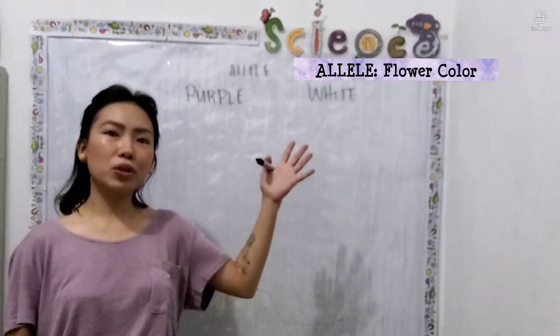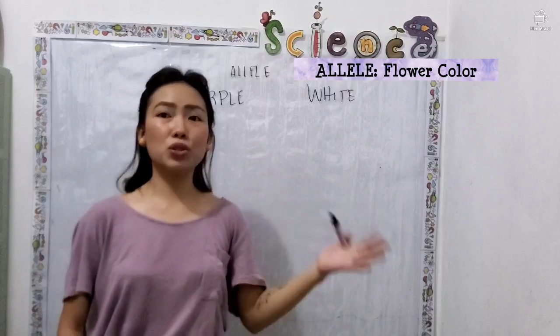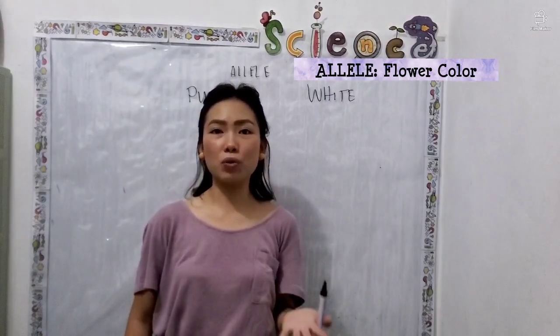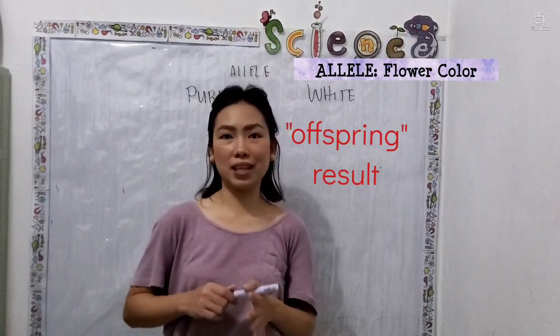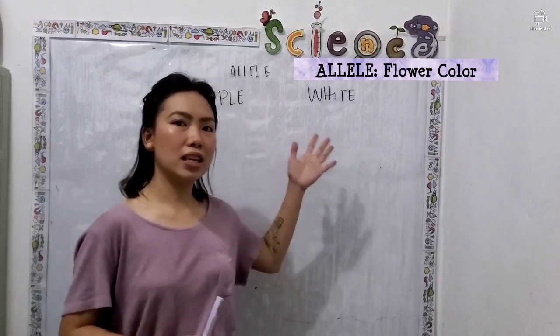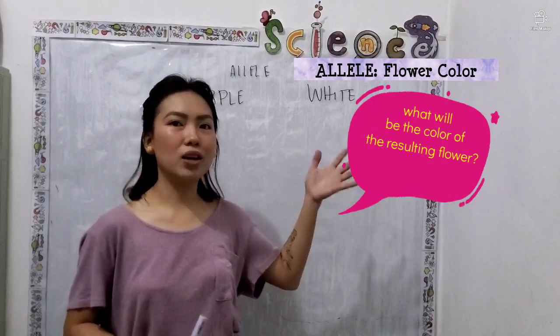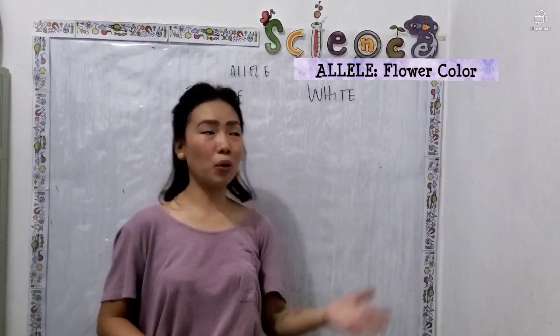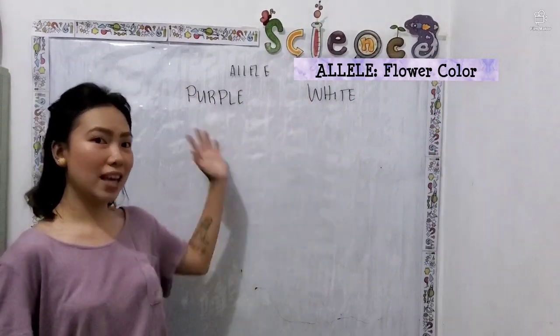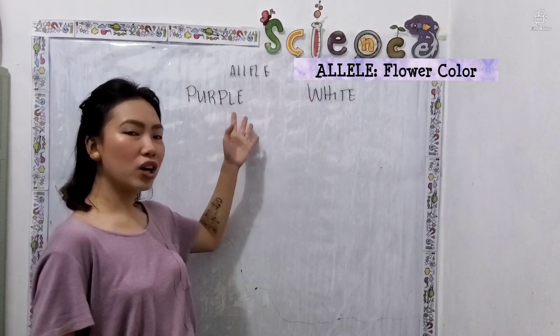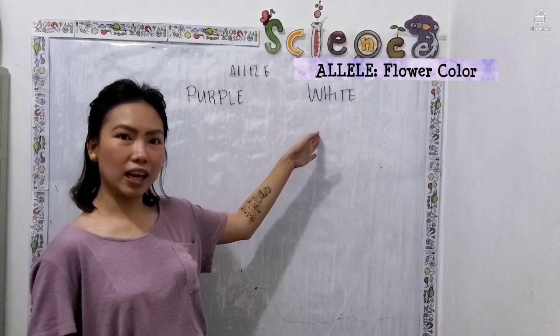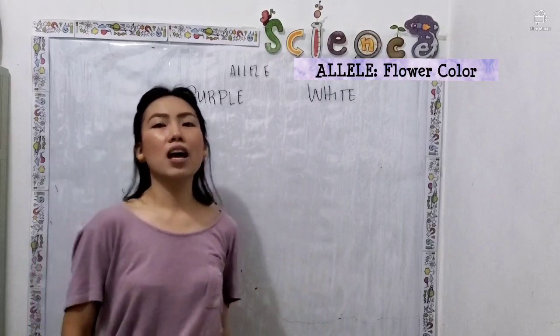In the monohybrid cross, we want to know the result of the offspring. When we say offspring, yung kalalabasan niya. Kapag kinross natin silang dalawa, anong kayang magiging kulay ng resulta? O for example, the mother and the father, nanay at tatay. Kapag nag-cross ang isang nanay at ang isang tatay, ano kayang kalalabasan na anak?